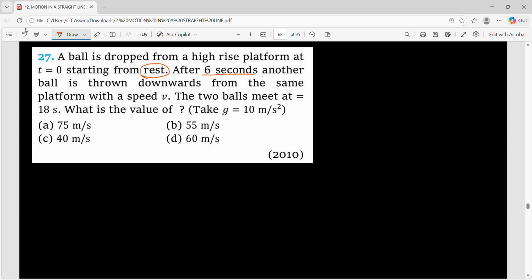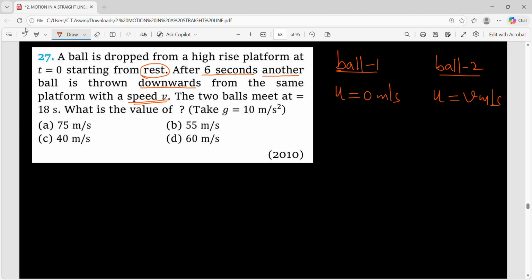After 6 seconds, another ball is thrown downward from the same platform. That means the height is same with the speed v. That means there are two balls here. Ball 1, ball 2. So initial velocity of the first ball is 0, whereas initial velocity of the second ball is v meter per second.